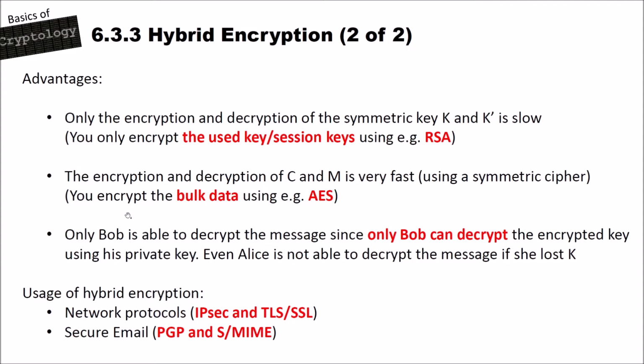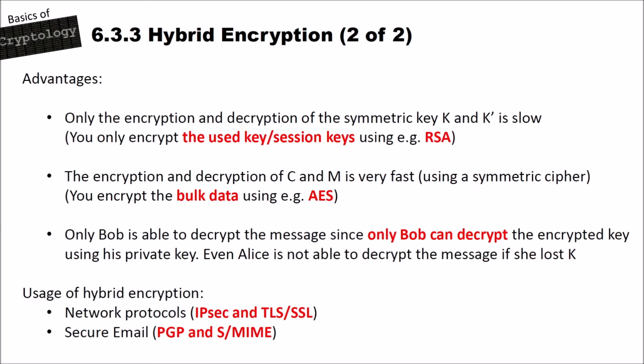And even Alice is not able to decrypt the message if she lost K. Of course, when Alice still has the original key, she can decrypt the message. But in our protocol, Alice would throw away the K, and then even if an attacker gets access to her computer, he cannot decrypt messages that she created for Bob.